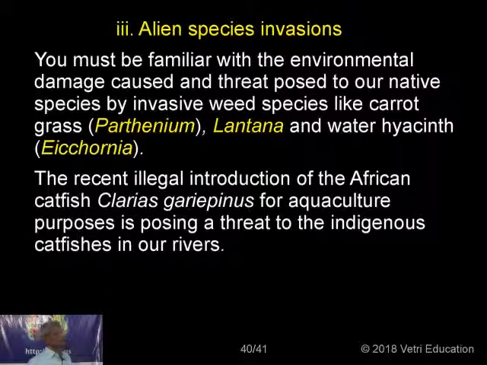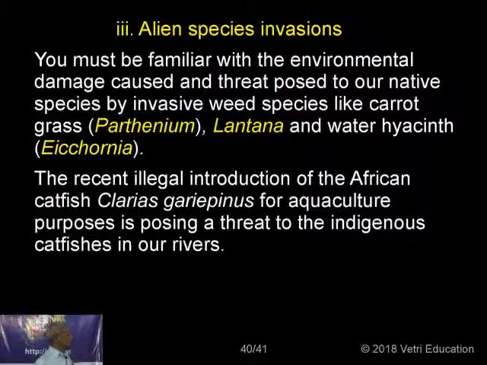Alien species invasions. You must be familiar with the environmental damage caused by, and threat posed to, our native species by invasive weed species like Parthenium, Lantana and Eichhornia.